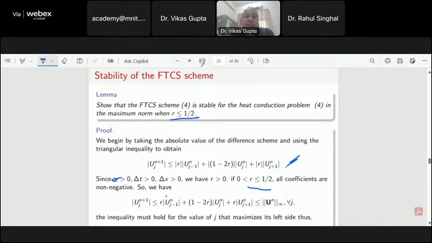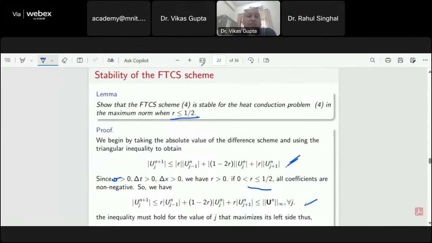So in that case, the equation reduces to this: the absolute value of u j n plus 1 is less than or equal to r times the absolute value of u j minus 1 n plus 1 minus 2r times the absolute value of u j n plus r times the absolute value of u j plus 1 n. And note that u j minus 1 n, u j n, u j plus 1 n are the components of the vector u n. Of course, all these terms will be bounded above by the norm of vector u n in the maximum norm.